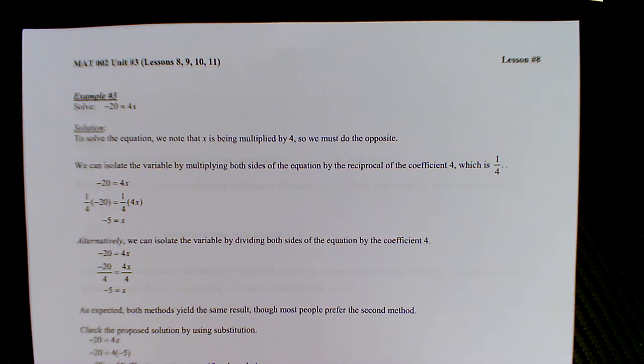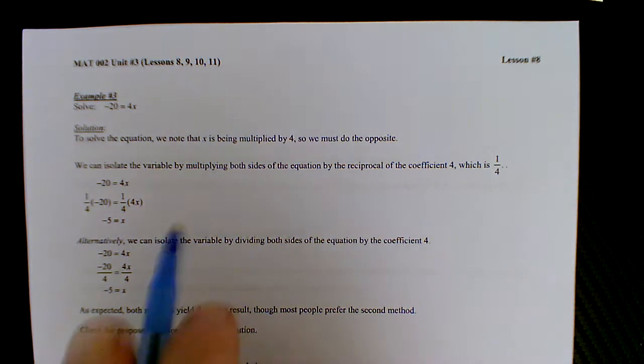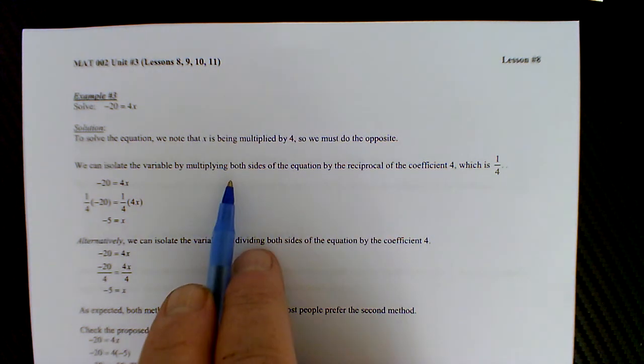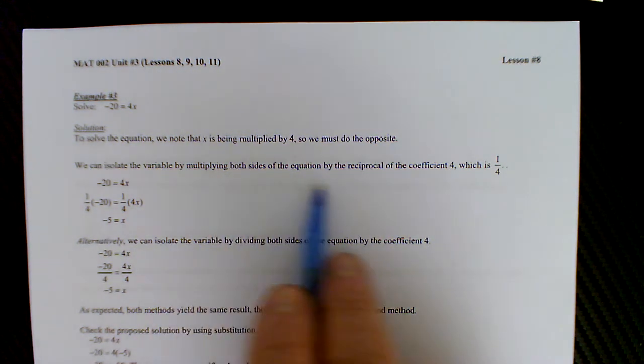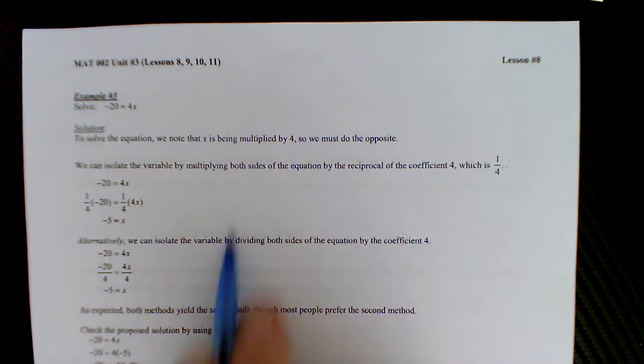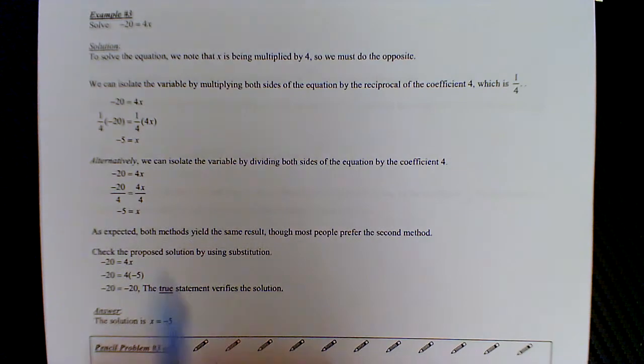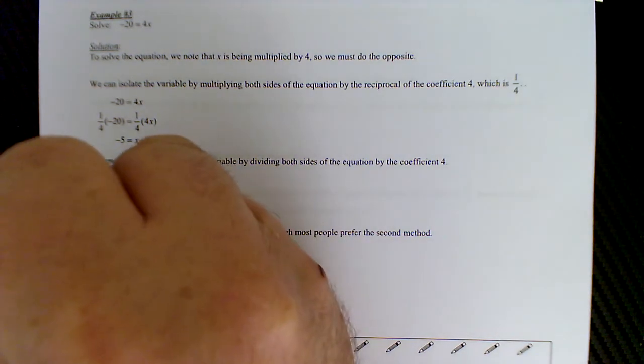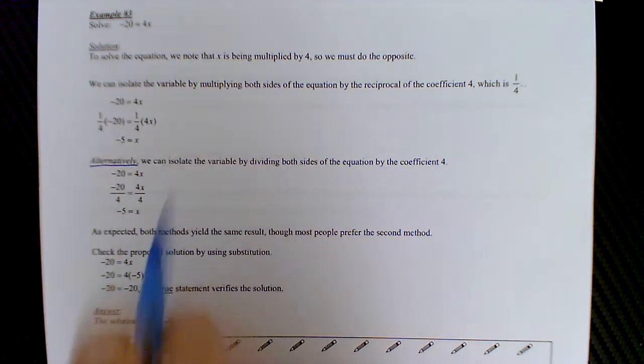It's sometimes cumbersome to think of multiplication in terms of the reciprocal. So you could read this over. The easiest way is to think of this alternative approach. We're just simply going to divide by the coefficient of the variable.